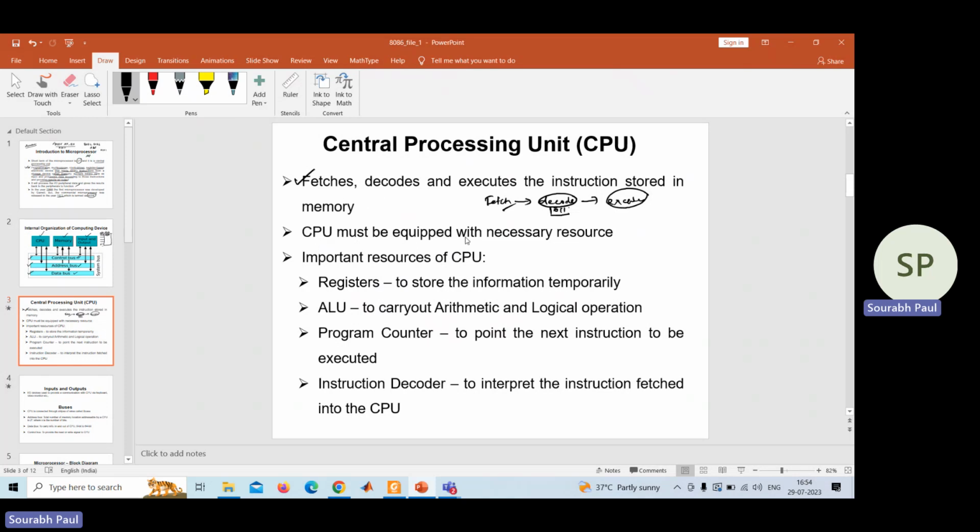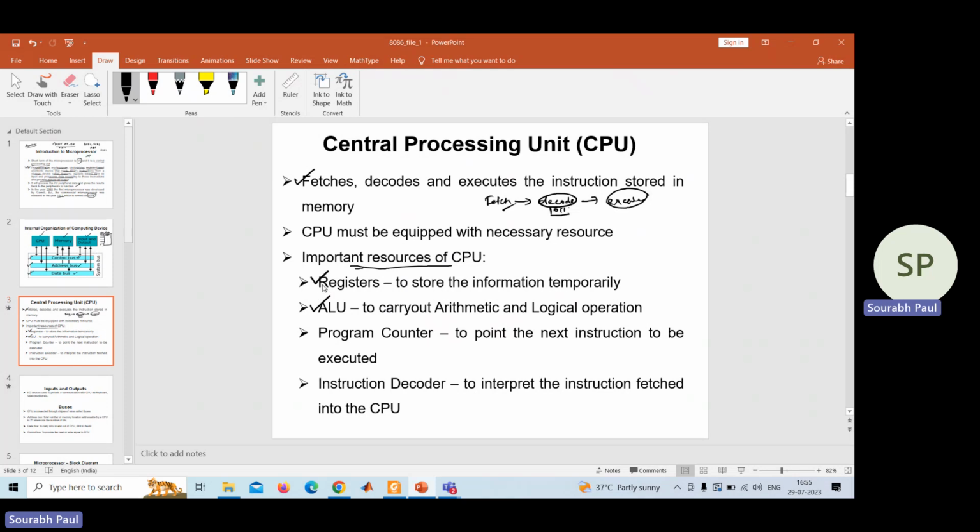Then the CPU must be equipped with necessary resources. Which are the resources? First one is the register. What is a register? A register is used for the temporary storage of data. Then the next thing is the ALU, which is also very important. When a central processing unit is there, these components have to be there.